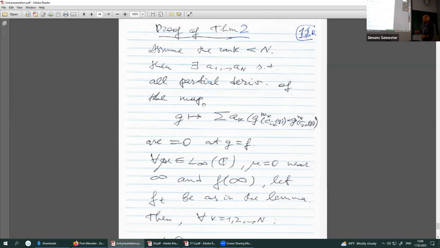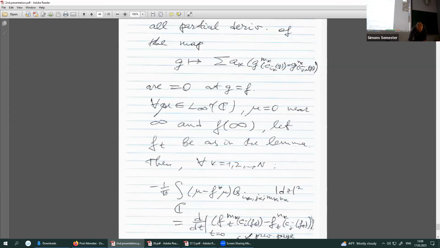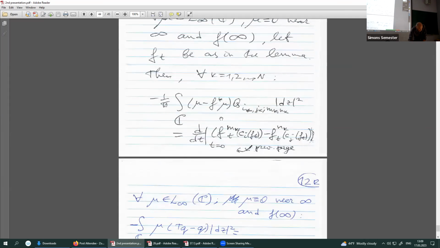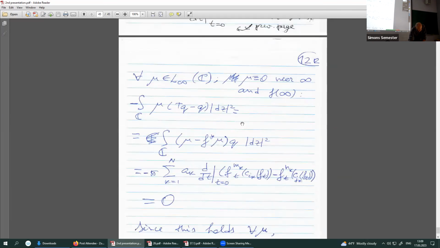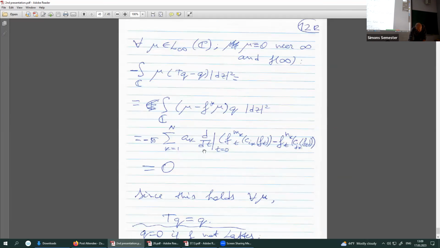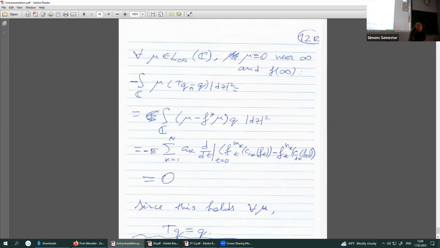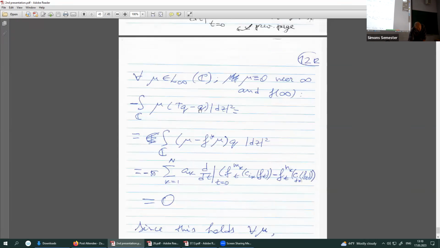And for the linear combination, by the lemma, we have this equality for each critical relation, but then we consider the linear combination, and we know that this is 0. And after all, if you look at the beginning, you get that the integral vanishes for every mu, because you started with some mu under this condition, which implies that Q is a fixed point.